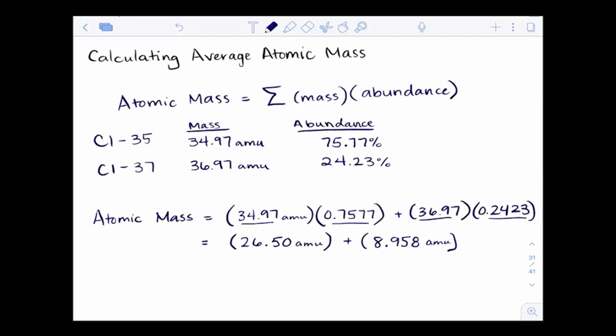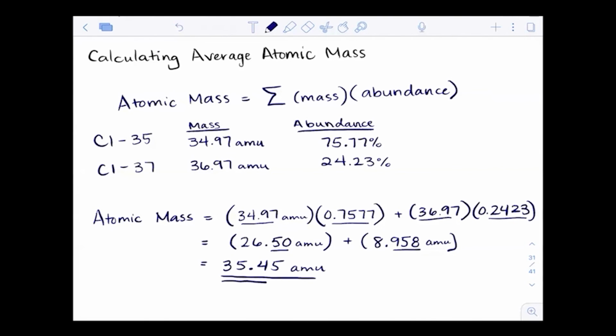Now, when I'm changing my operation to addition, I need to remember when adding, I don't look at the number of sig figs, I actually look at the number of decimal places. And that's how many I need to report, the smallest amount. So I have 2 decimal places adding up with 3 decimal places. So my value should only have 2 decimal places. I'm only as accurate and precise as my data.